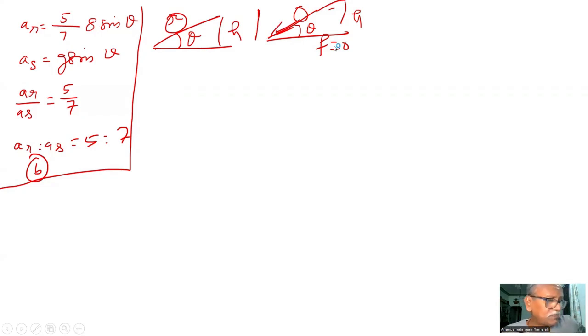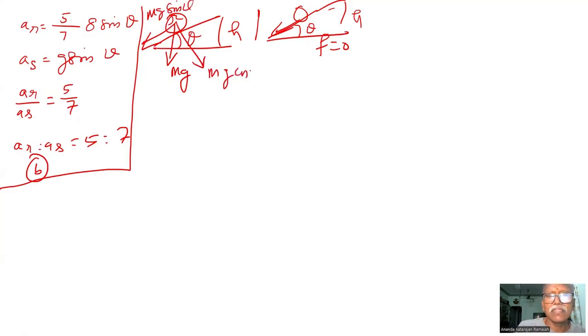F equals 0. Now we will write. Already we have seen that this is mg, which means this is mg sin theta. Already we proved mg sin theta. This is mg cos theta. Along the inclined plane is mg sin theta, here also mg sin theta.